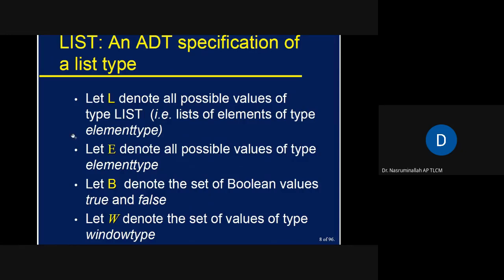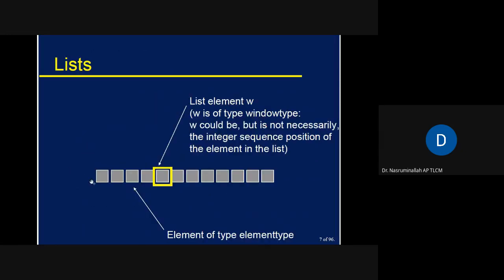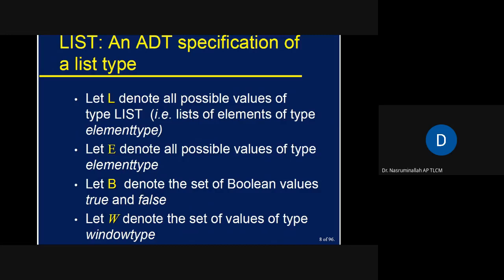Now, if we want to implement this list containing different elements, you should think of what are the different terms that you need to define. I will quickly go through what the different elements required for the representation or definition of this list are.